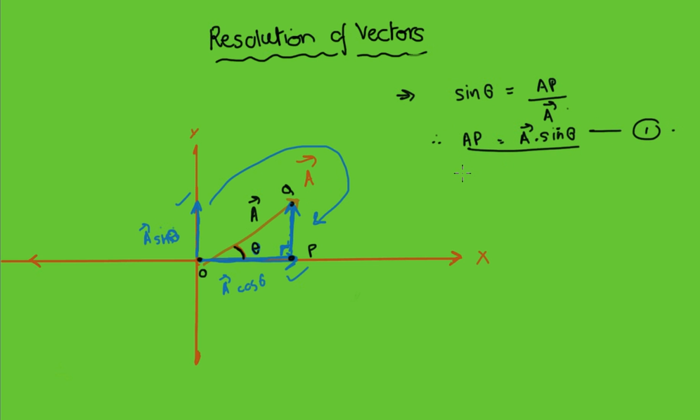Now cos theta would be the base divided by the hypotenuse, and the hypotenuse is a vector. So OP divided by a vector, therefore OP is a vector cos theta. If you look carefully, this OP is this one and AP is this one. So we got our two results.